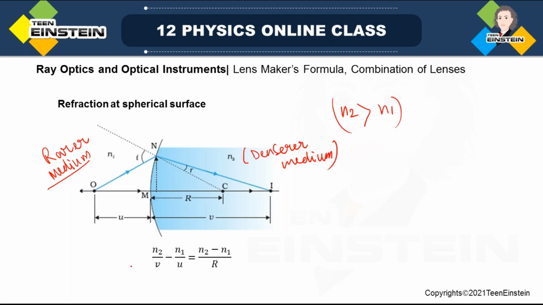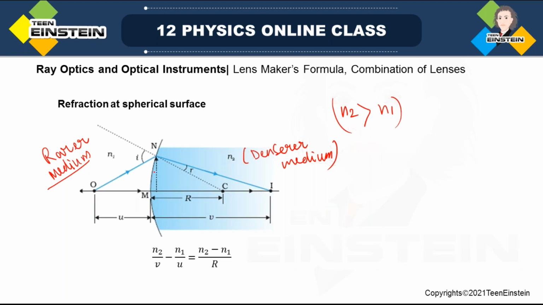And v is the image distance and u is the object distance. Here a point object O has been taken, and the light coming from this point object gets refracted by this spherical surface.